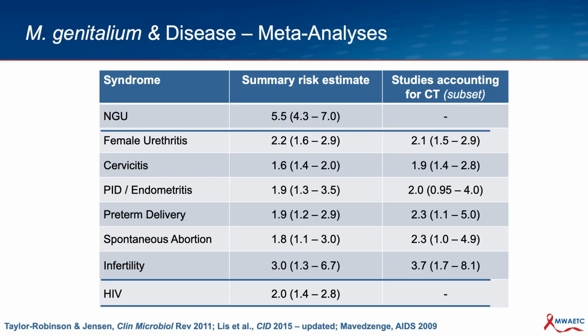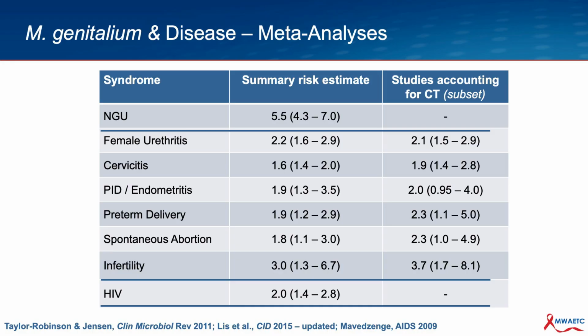These are the other syndromes. Just in the interest of time, I wasn't able to go over everything, but these are the other syndromes associated with MGen in women. I would say cervicitis also has mounting and good data behind it. The data associating M. genitalium with birth outcomes and infertility is less robust because these are really hard outcomes to study, and the exposure is often remote from the outcome, but I think that there's good biologic basis for this.